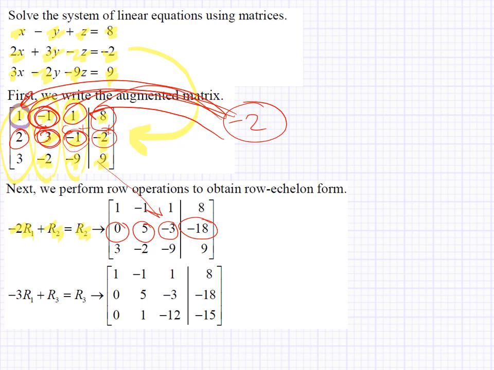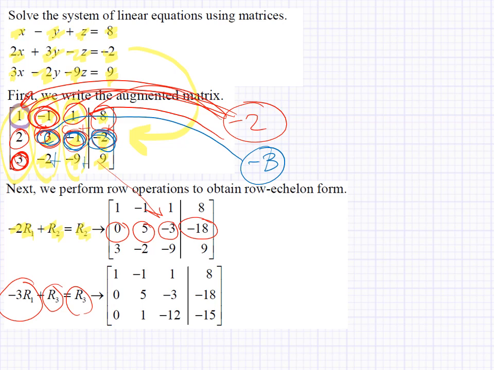But I also want to change row 3. I want this to be a 0 here. So if I take negative 3 times row 1 and add it to row 3, that'll give me my new row 3 to be a 0. But I have to do that again to every term.